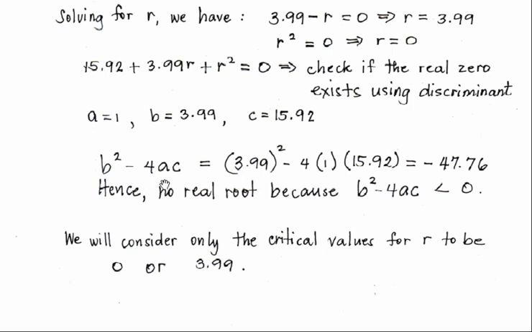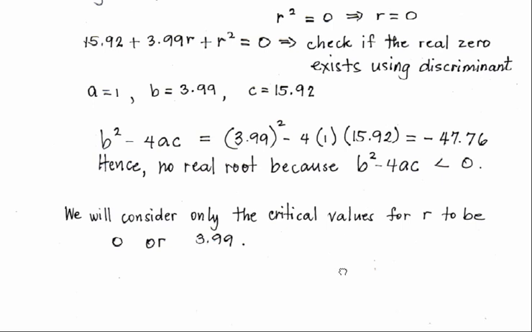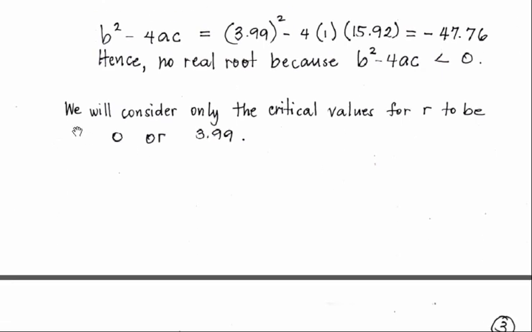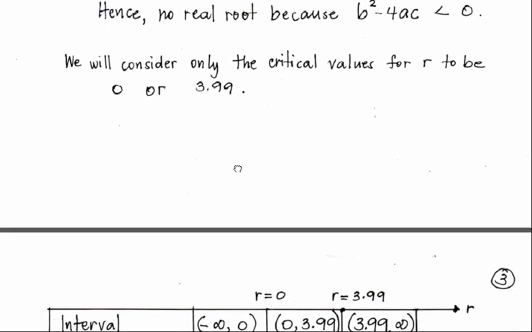Solving for b squared minus 4ac, the discriminant, we found that it is negative. Hence, no real root exists. In other words, the roots are two complex or imaginary roots, and this is beyond the scope of our module. So we will only consider the critical values for r to be 0 or 3.99.